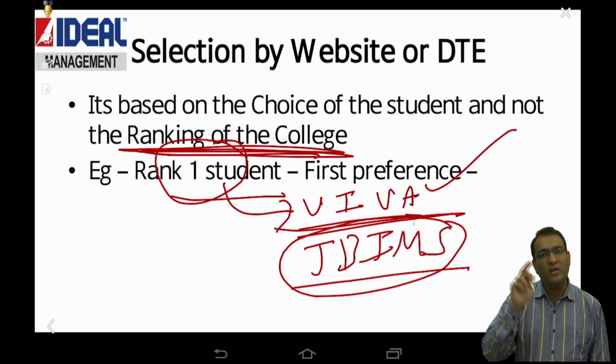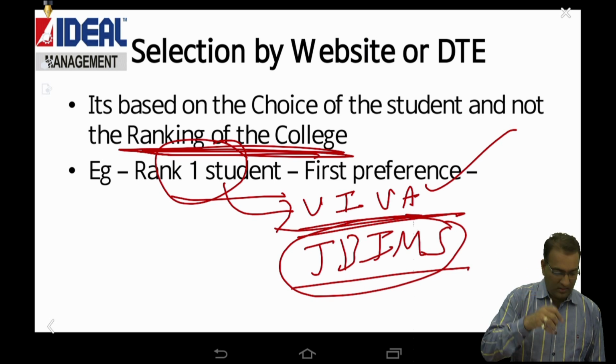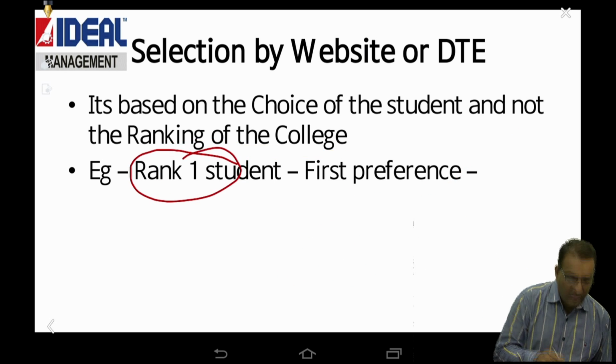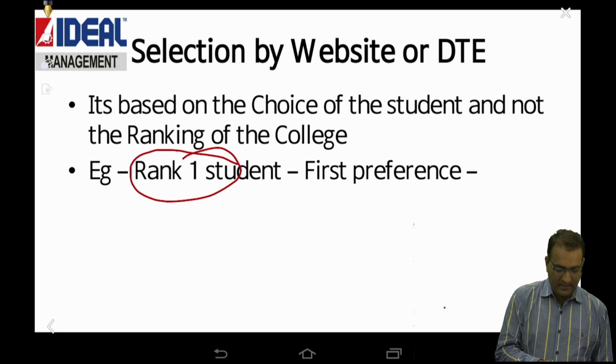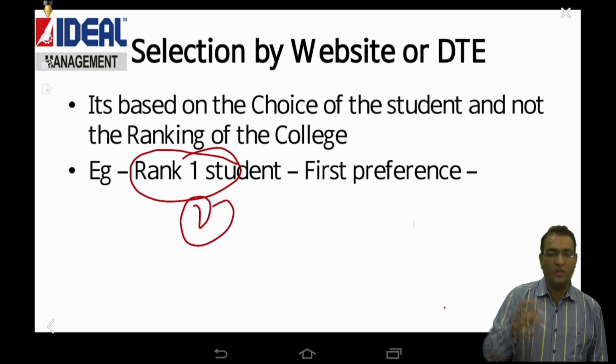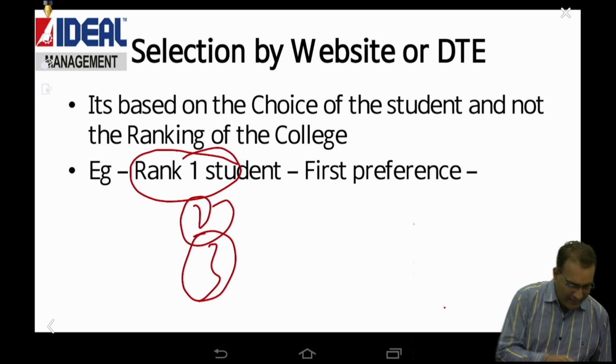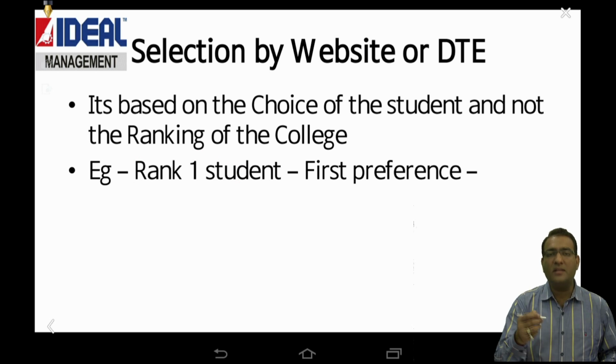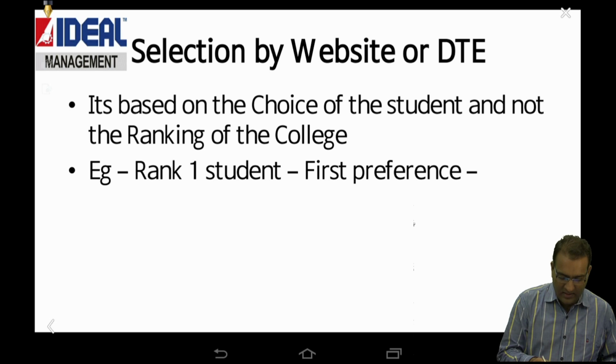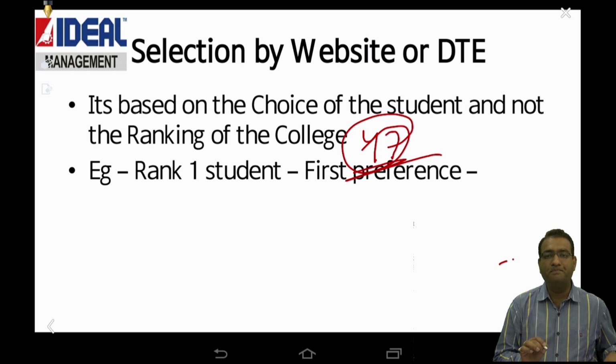What is important is which college the first rank student wants, which college the second rank student wants, which college the third rank student wants.